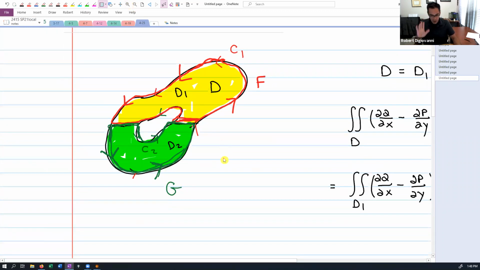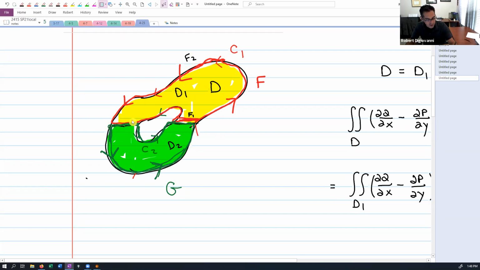Okay. So in terms of this path F that goes around D1, I'm going to break that up into smaller pieces. I'm going to call this piece right here F1. Now remember, we're going like this. We're going to go across, that's F1. F2 is going to be the piece that takes you all the way across down here like that.